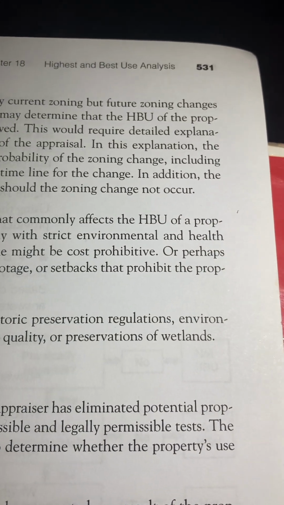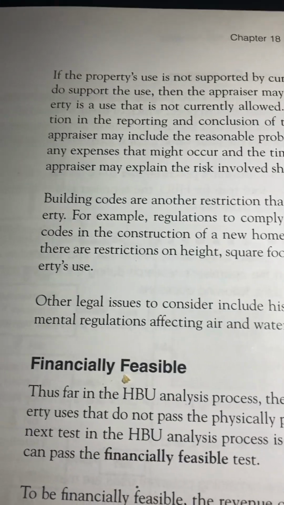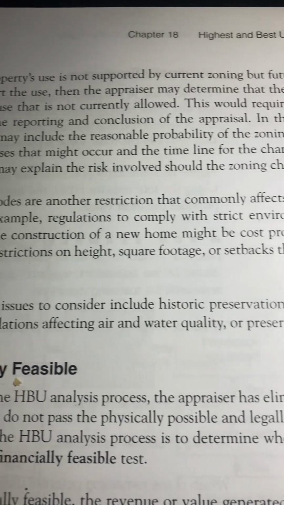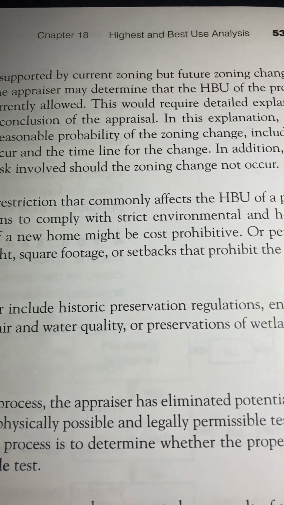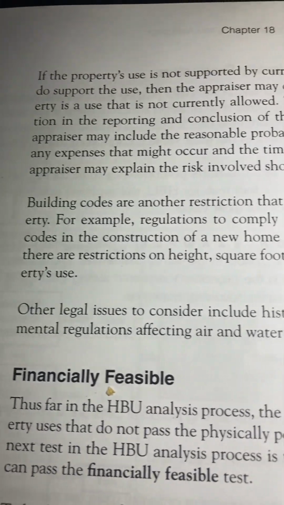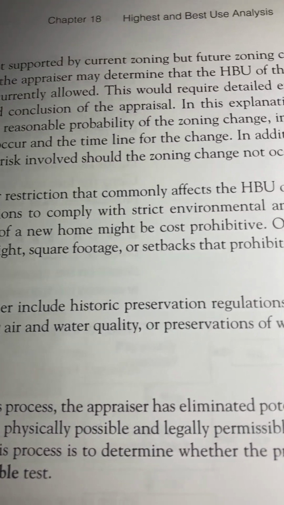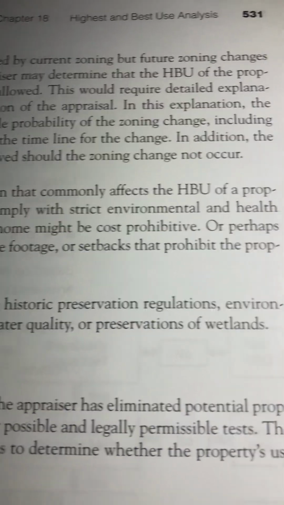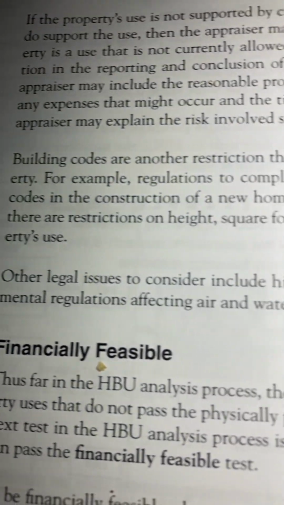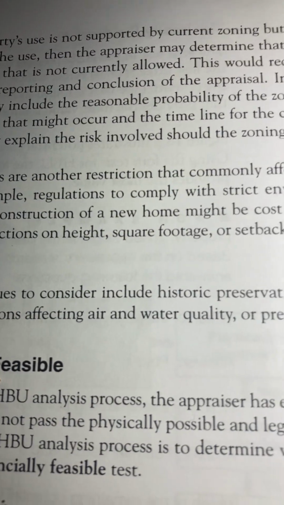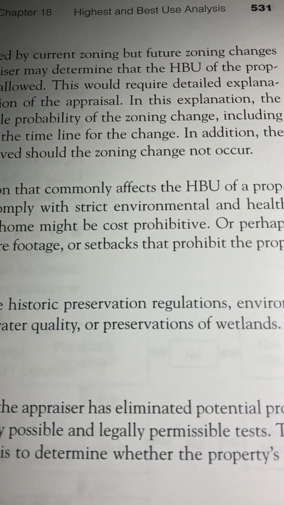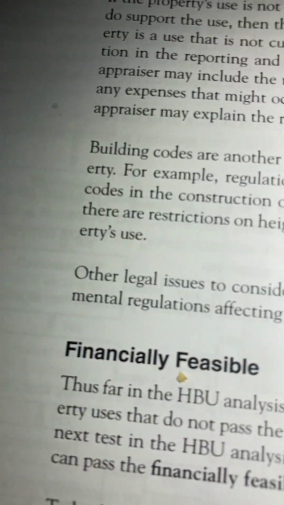In this explanation, the appraiser may include the reasonable probability of the zoning change, including any expenses that might occur and the timeline for the change. In addition, the appraiser may explain the risk involved should the zoning change not occur.